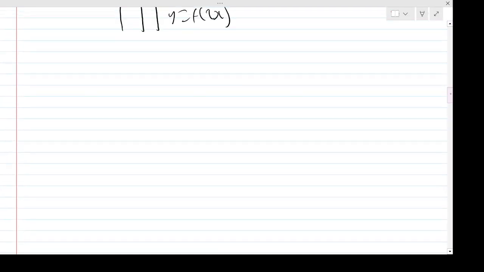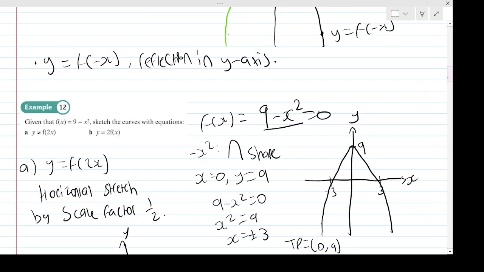Let's have a look at the next graph I want to draw. So the next graph is y is 2f of x, okay? So the 2 is outside the function. So what's that going to do? Well, it's outside the function, outside the bracket, so it does what you expect, okay? So it affects the y values because it's outside the function, because the input is not affected.